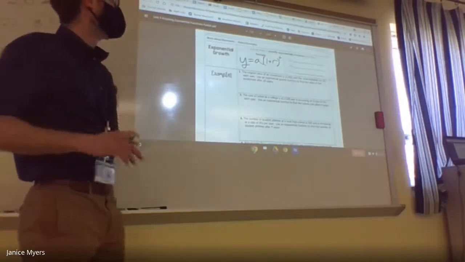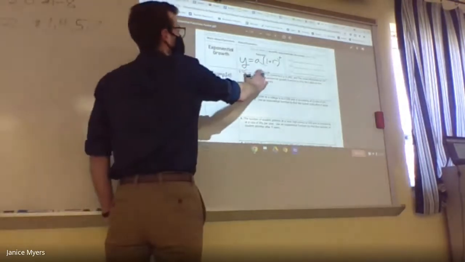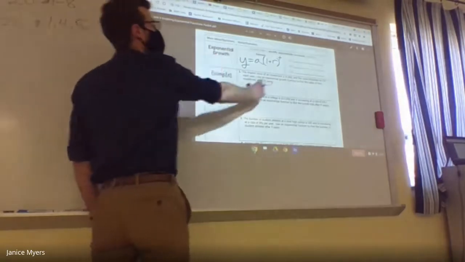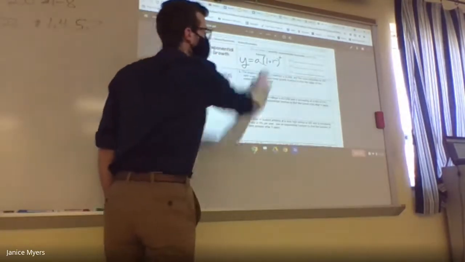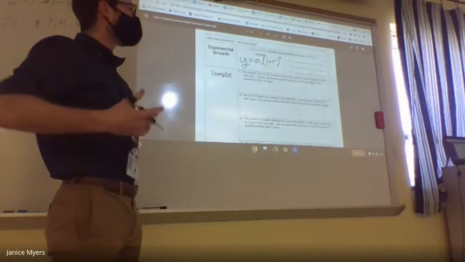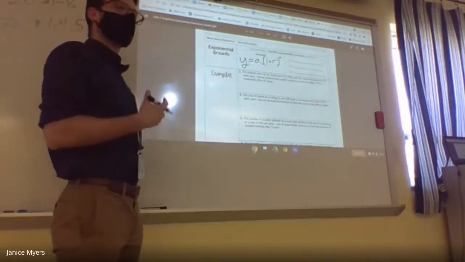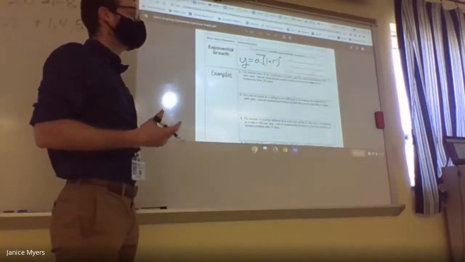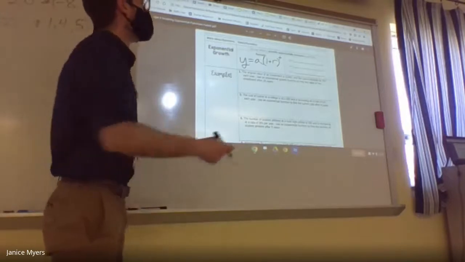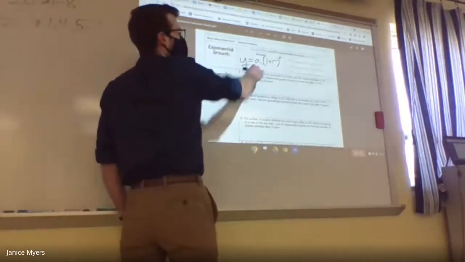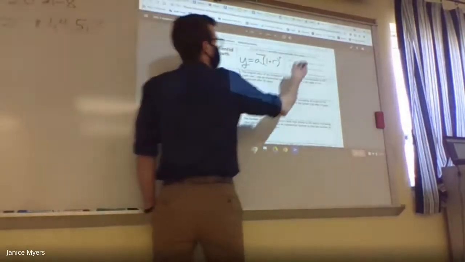So we have this equation. The way we know this is growth is we see the plus sign. Usually a plus means we're getting bigger. So something's going to be growing. Whatever we're doing the exponential growth for is going to be growing, getting bigger. So your A in this equation is going to be your initial amount.